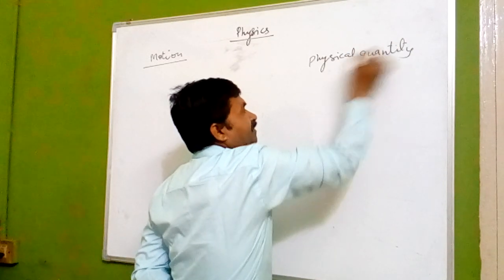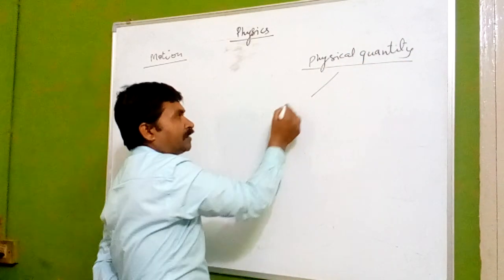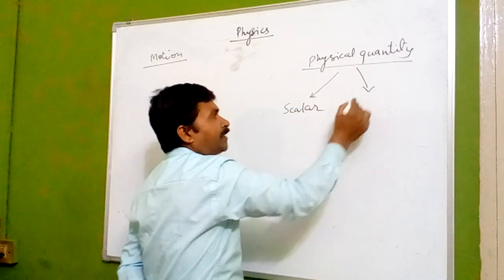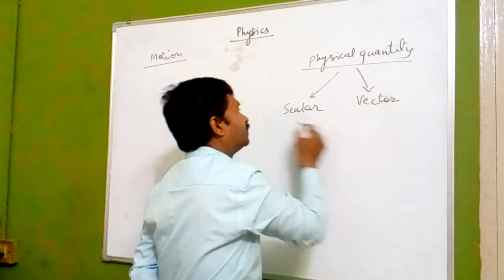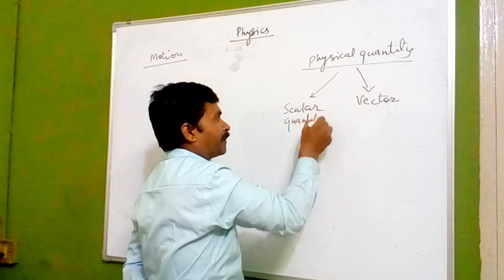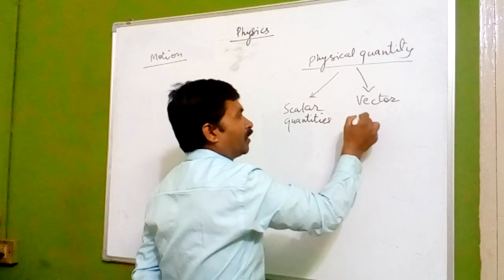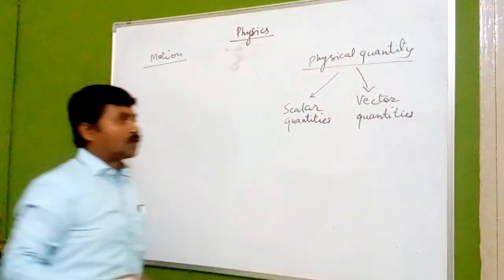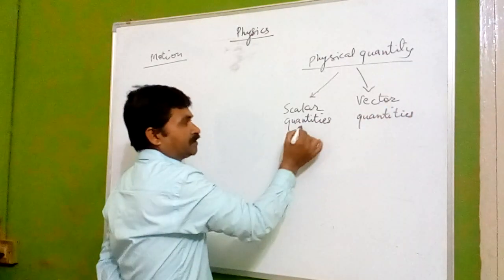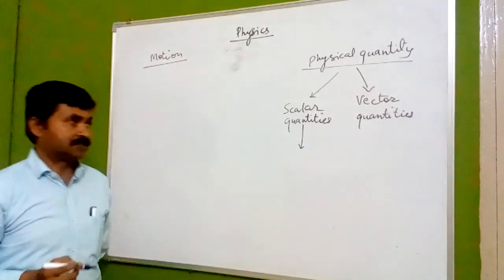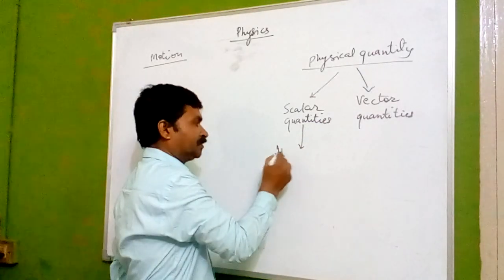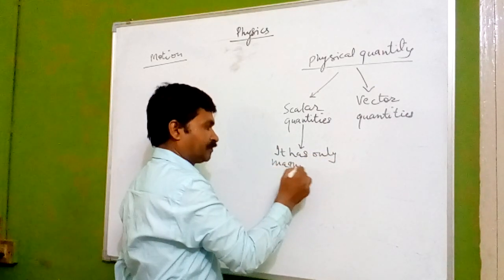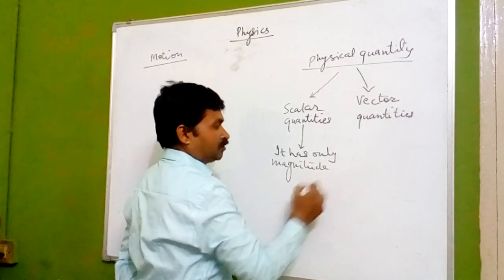And if we talk about physical quantities here in physics, we can have two types: scalar quantities and vector quantities. Now what are they? If we go through the scalar quantities, its simple definition is it has only magnitude, no direction.